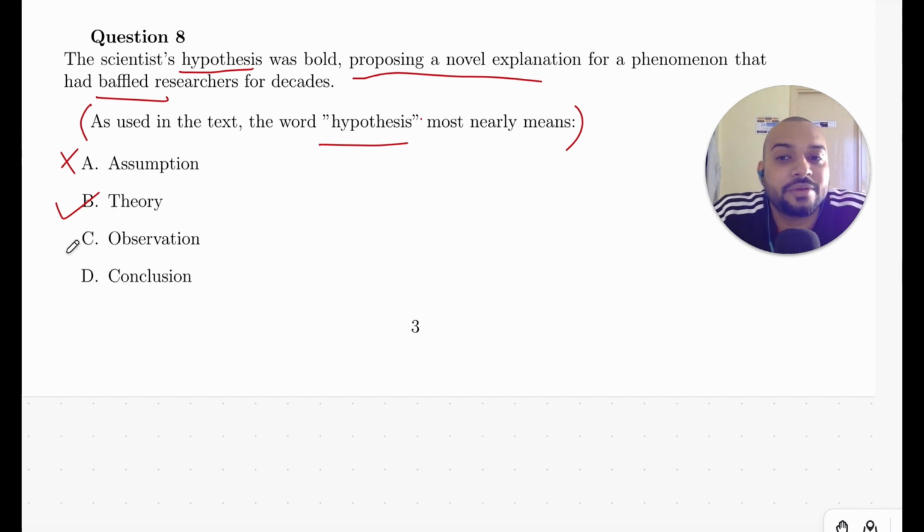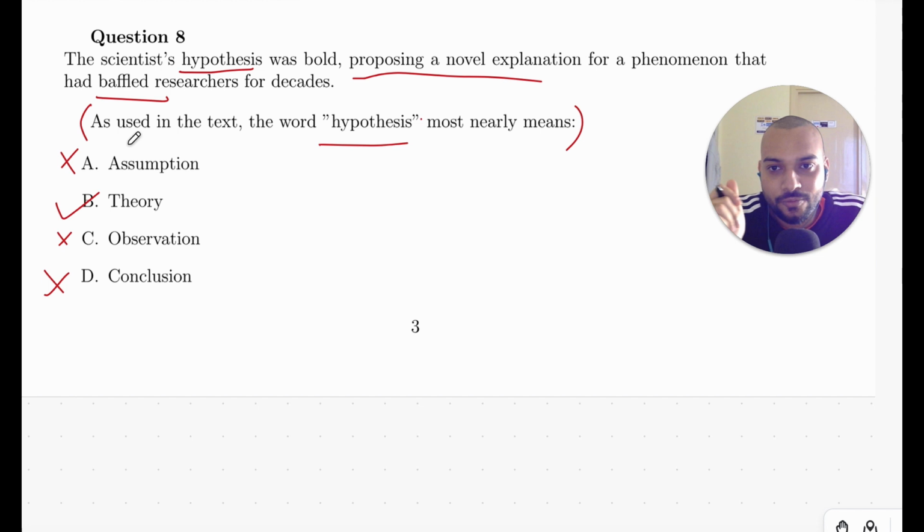Looking at option D, conclusion. Conclusion can be correct, but conclusion in itself just says that he gave a result. But rather they're saying he proposed a novel explanation, a whole discussion, a whole idea. So conclusion is also wrong. The theory is the correct one for question 8.